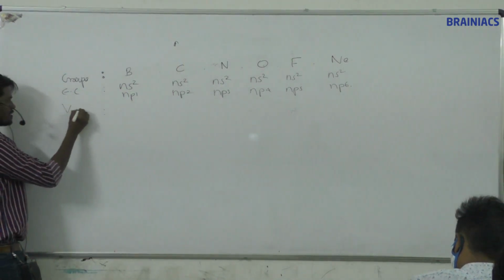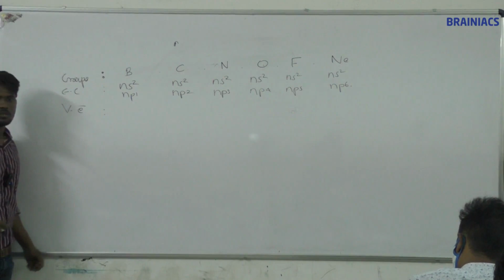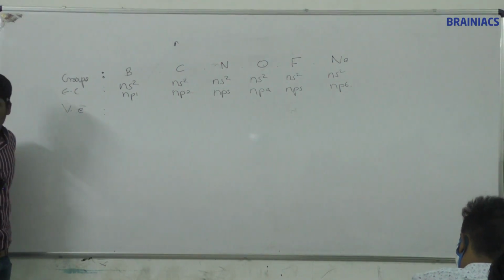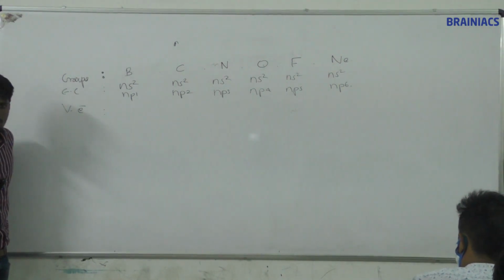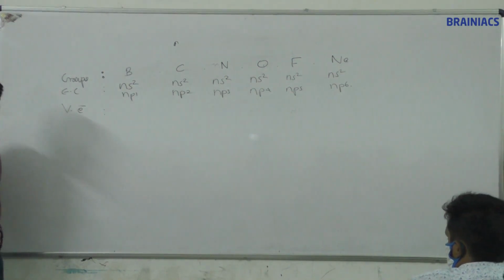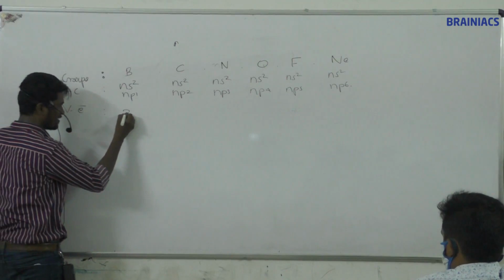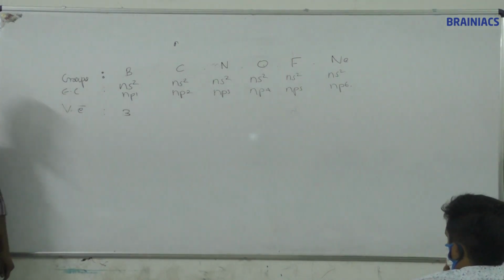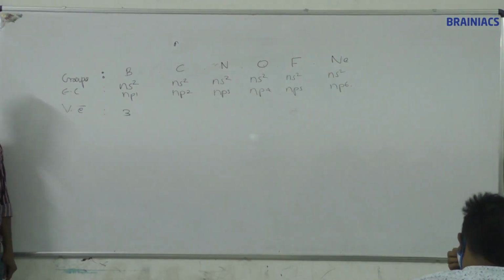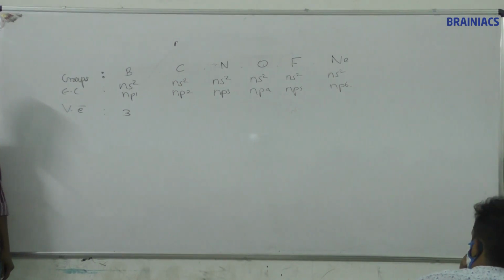What is their valence electron count? What is the total number of valence electrons of the boron family? What do you mean by valence electron? The number of electrons present in the valence shell.